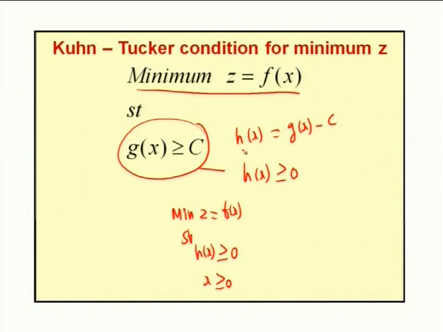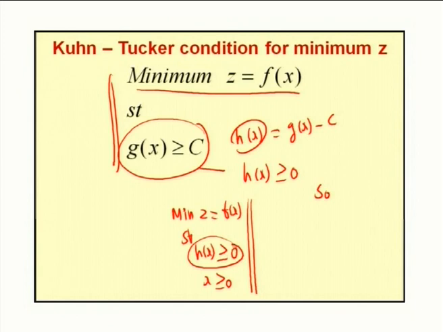So, by this introduction of h of x, the given nonlinear programming problem can be written this way. Now, by introducing a surplus variable s_0 into this constraint, this inequality constraint can be rewritten in terms of equality constraints.